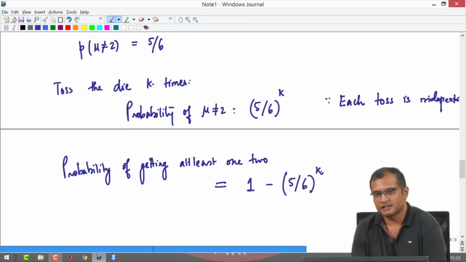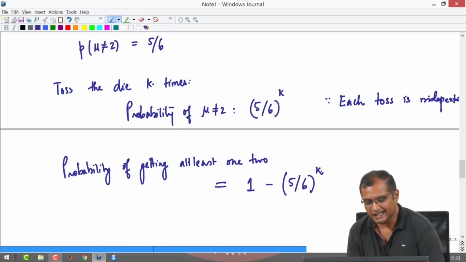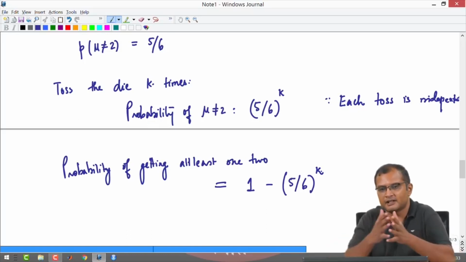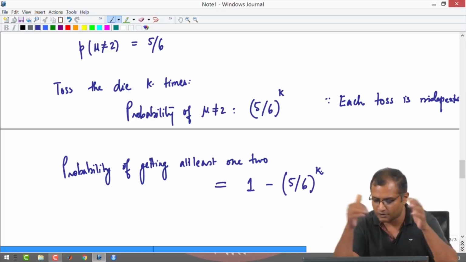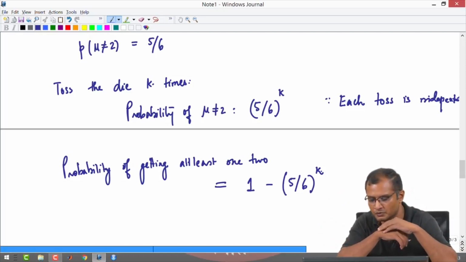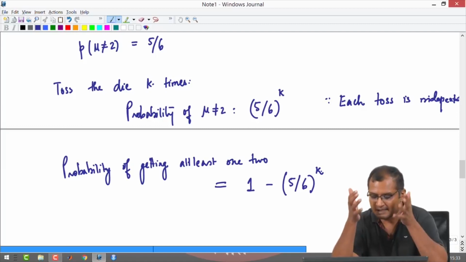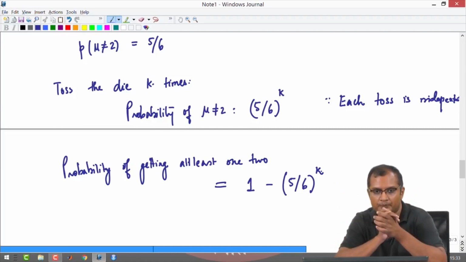So, what you have done is, instead of tackling your problem directly, you have basically divided your sample space into two sections. One is you get no 2s, and the other section is basically you get at least 1 2.